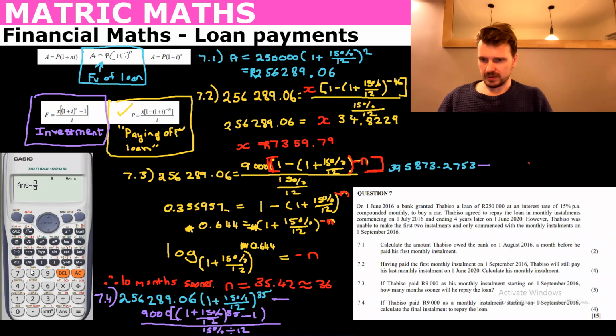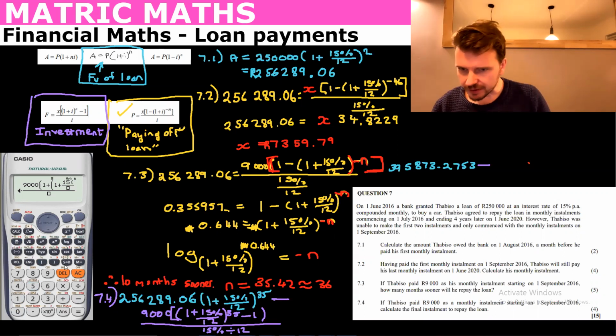So it's going to be 9,000. Open our brackets. 1 plus, open a new set of brackets. 1 plus, and then it's the 15% over 12, or you can put 0.15 if you want to, to the power of 35.